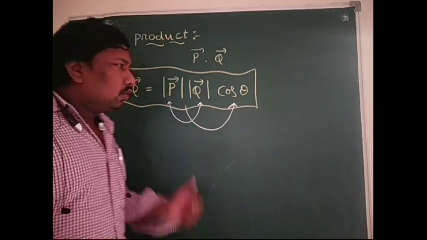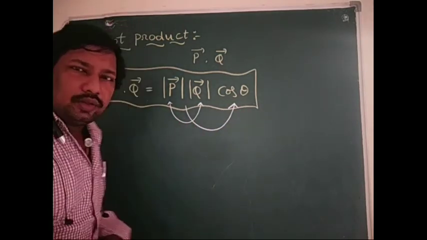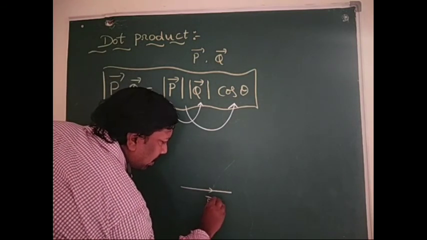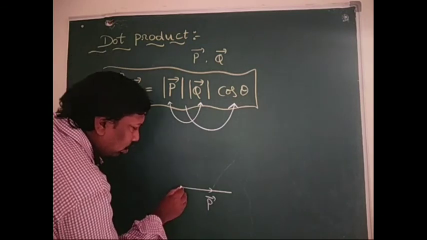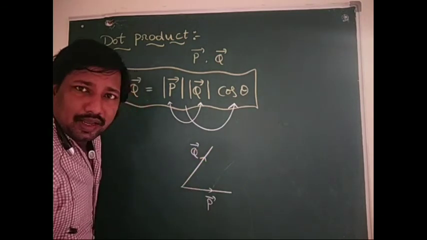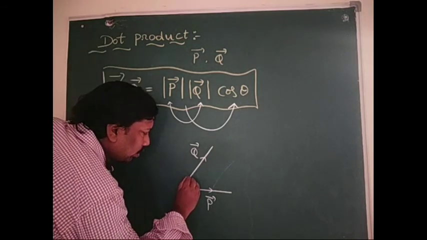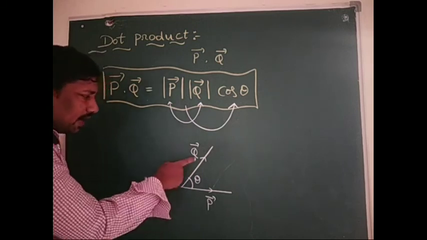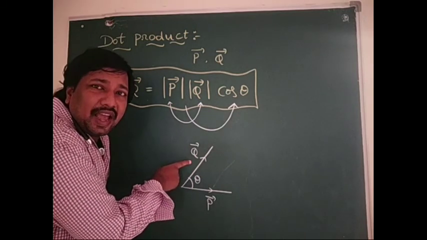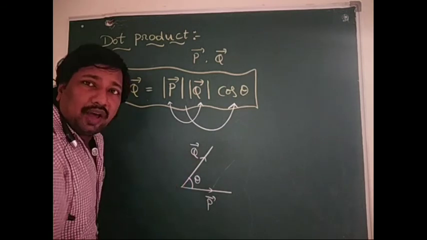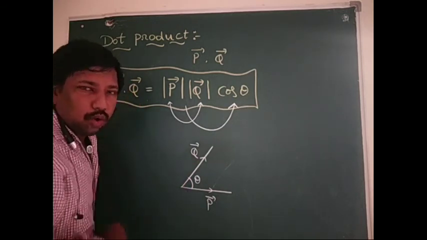So here p bar and q bar are the two vectors. The angle between p bar and q bar is theta, so q bar is making an angle theta with p bar. Q bar is resolved into two components.